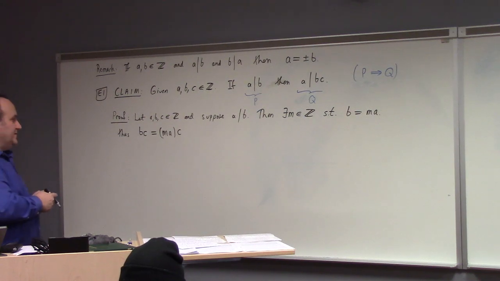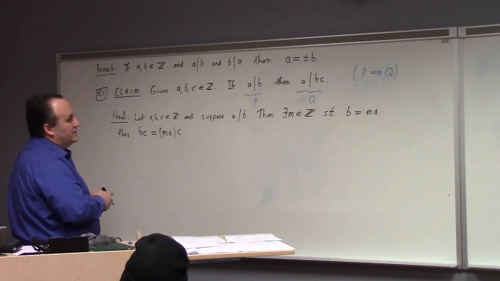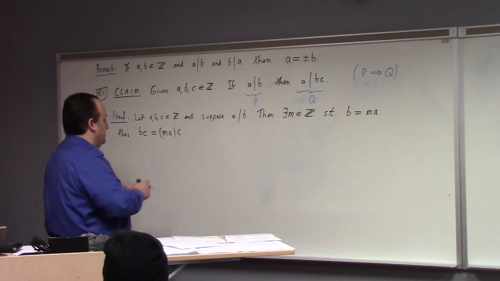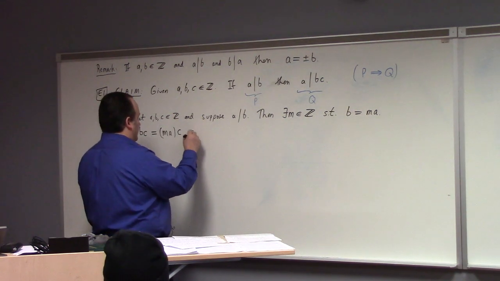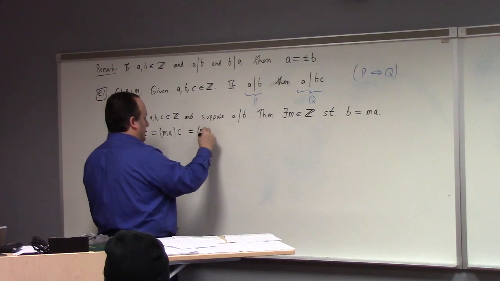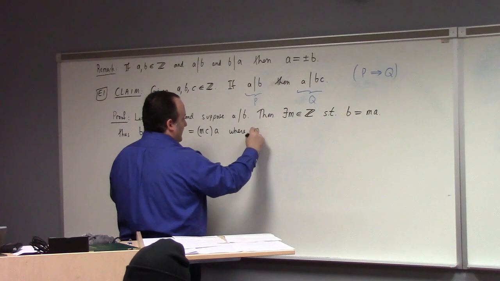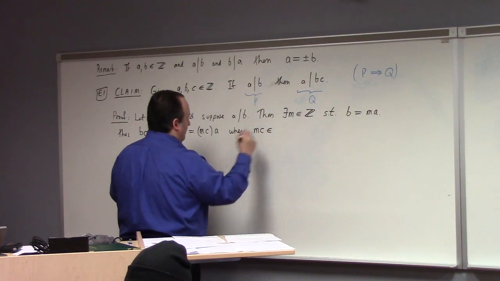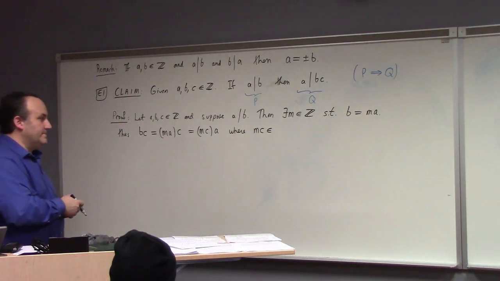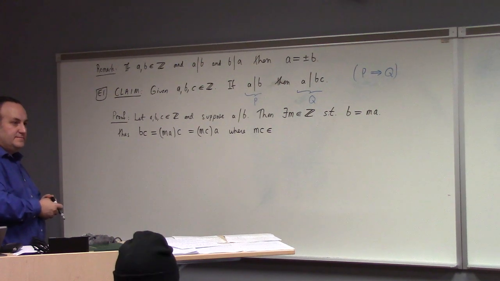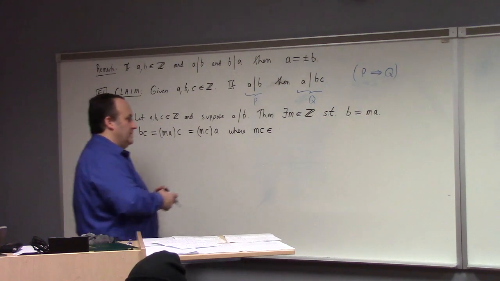But by properties of arithmetic, we can rewrite that as mc times a, where mc is an element of what? m is an integer, c is an integer, so m times c is again an integer.